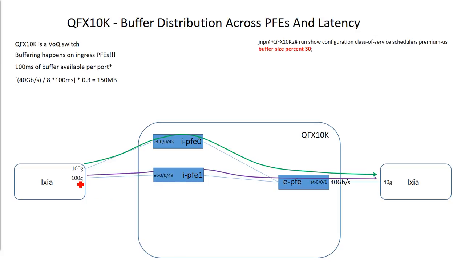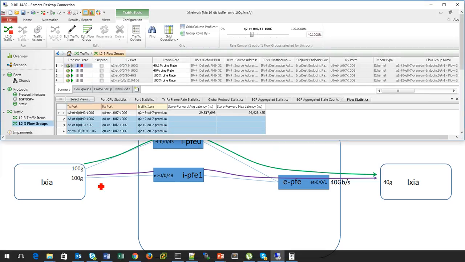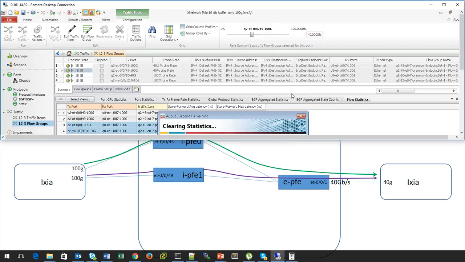It is also a 100 gigabit port, and I'm going to start with a similar line rate of 40%. So it's a 100 gig port, and I'm going to send again 40 gig of traffic. And let's see what happens in this case. I'm going to also clear all statistics because we want to observe this under the steady state.